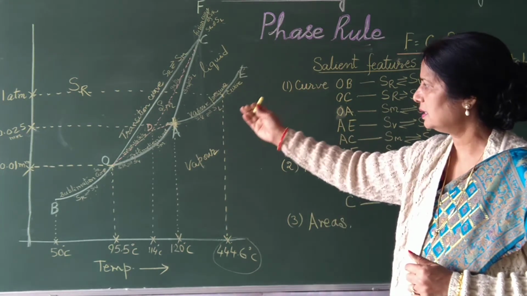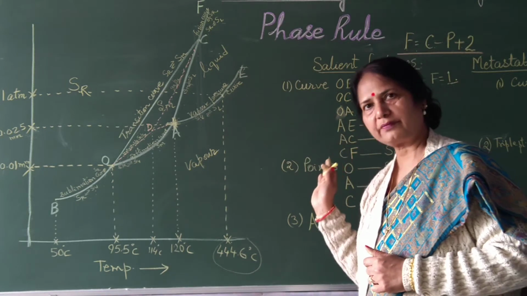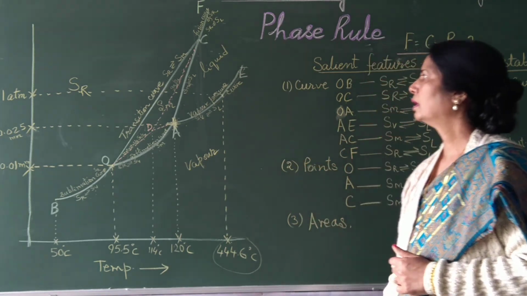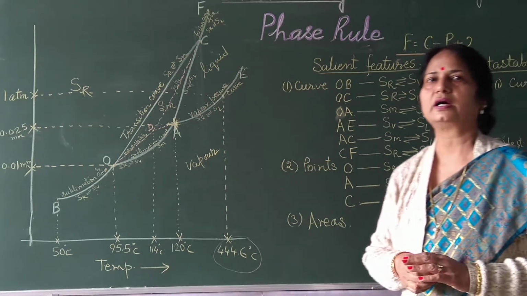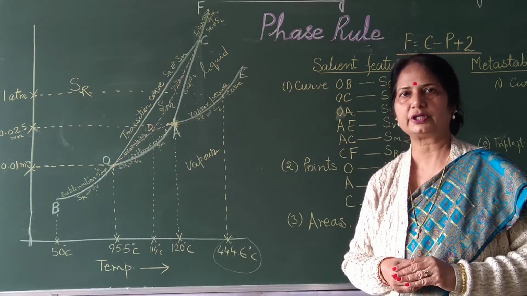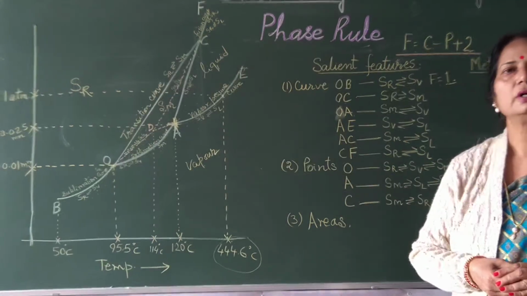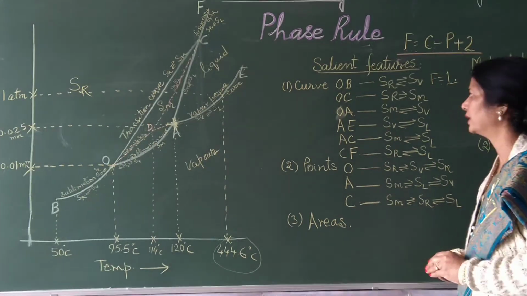And as we can see, this curve OC is inclined away from the pressure axis. So we can say that it has a positive slope, and dP/dT from the Clausius-Clapeyron equation is positive over here.